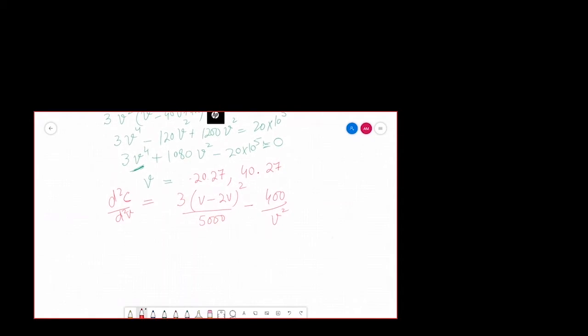Then you substitute 40.27 in. So we would do d2c over dv squared, and put a value of v equal to 40.27. Why are we doing only positive? Because we are given that v has to be greater than 0.